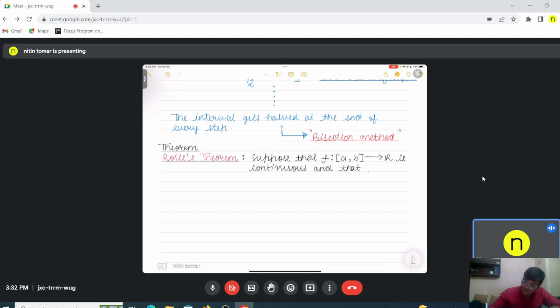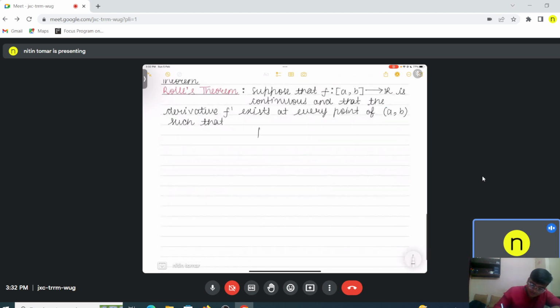and that the derivative f dash exists at every point of this interval AB, such that we have equality on the endpoints: f of A is the same as f of B is the same as 0.